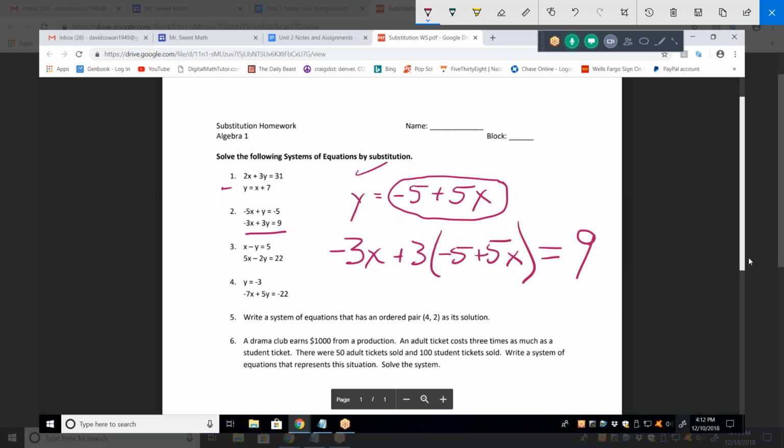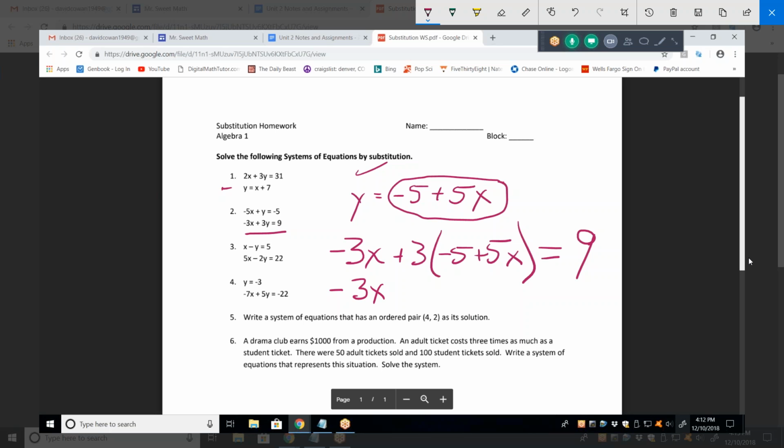What's the first step? What you want to do is get rid of the parentheses. Okay, so let's get rid of the parentheses. Go ahead, tell me what I should write.